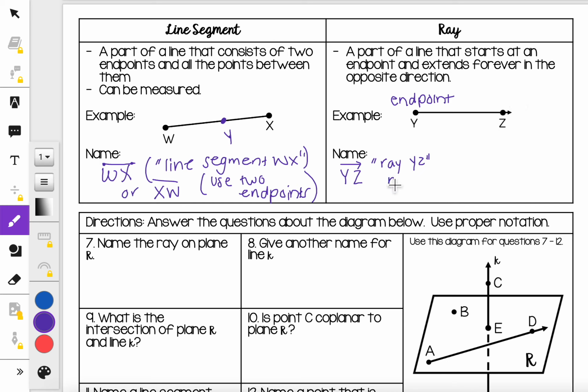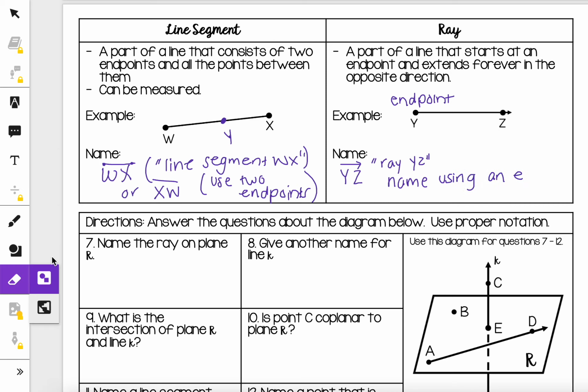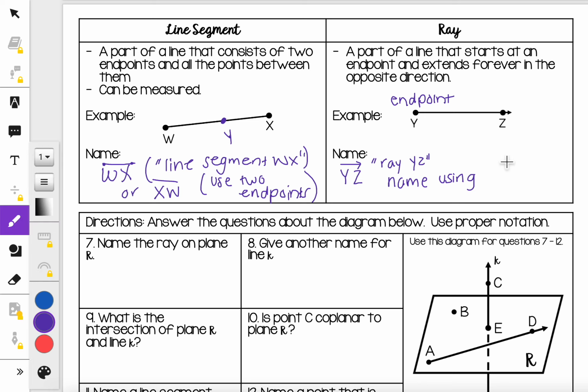Okay, so we want to name it using, I shouldn't say an endpoint, it only has one, using the endpoint and a point in the other direction.